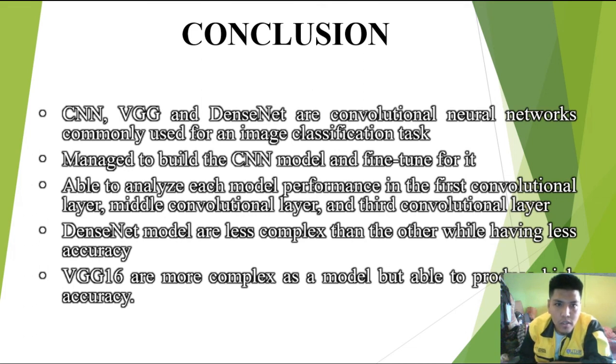CNN, VGG, and DenseNet are convolutional neural networks commonly used for image classification tasks. We managed to build the CNN model and fine-tune it, and were able to analyze each model's performance in the first convolutional layer, middle convolutional layer, and third convolutional layer.